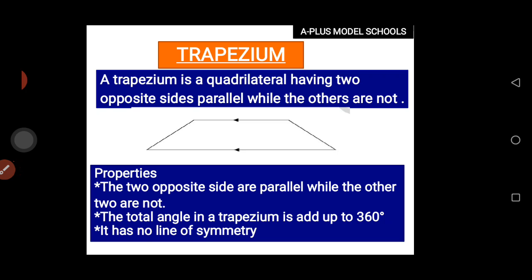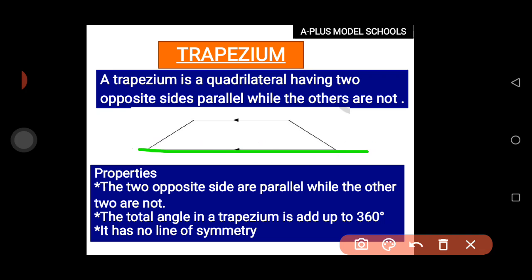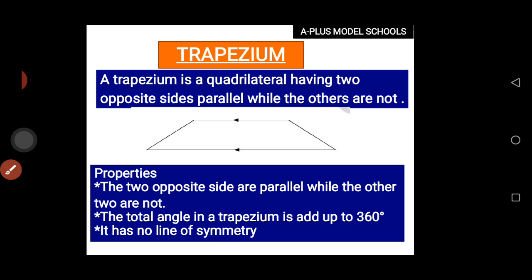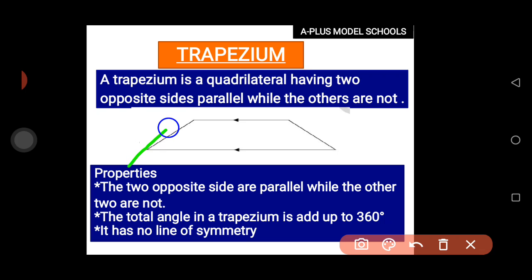Another one is that two opposite sides are parallel while the other two are not, which means this side and this side are parallel. But when you look at the other two sides of the trapezium, you will see that they are not parallel. Why? Because if this is a line coming like this, and a line also coming like this, there is a tendency that the two lines will meet.